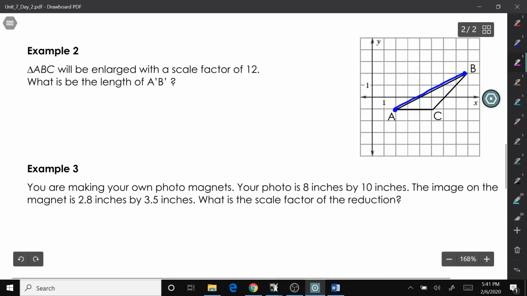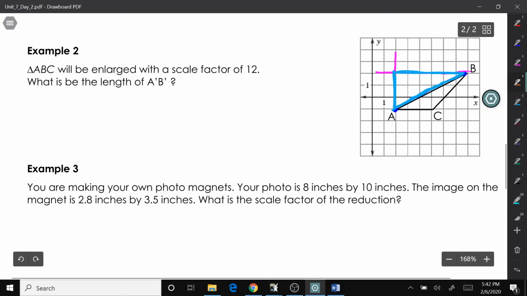So if I go from point A and I go straight up, and I go from B and I go to the left, you guys will see that there's a right triangle that is formed. And you'll notice that the hypotenuse of this blue right triangle was AB.